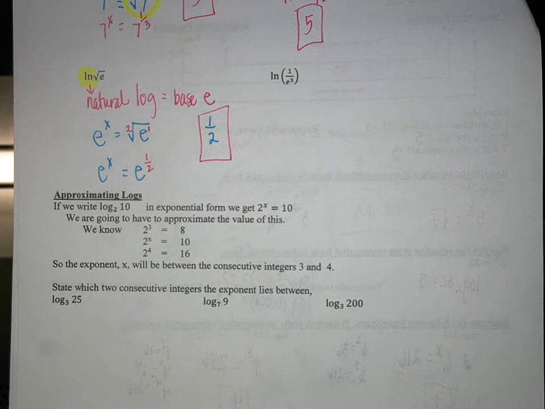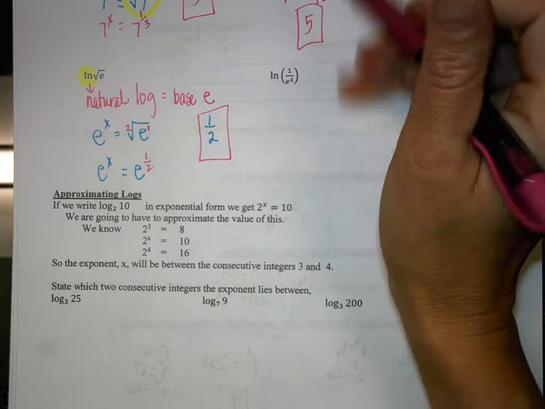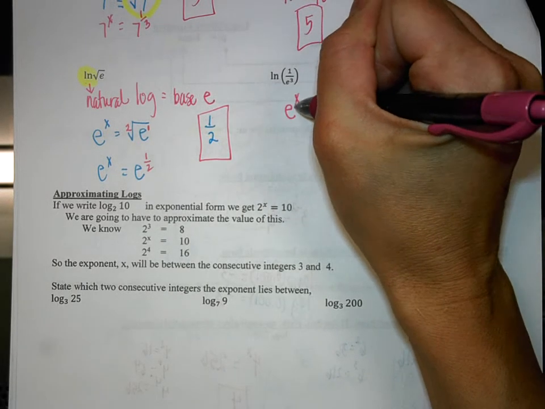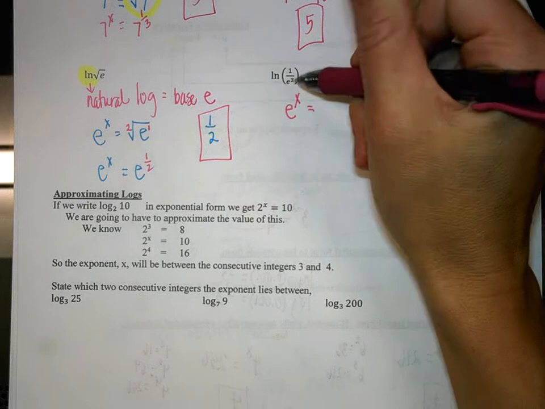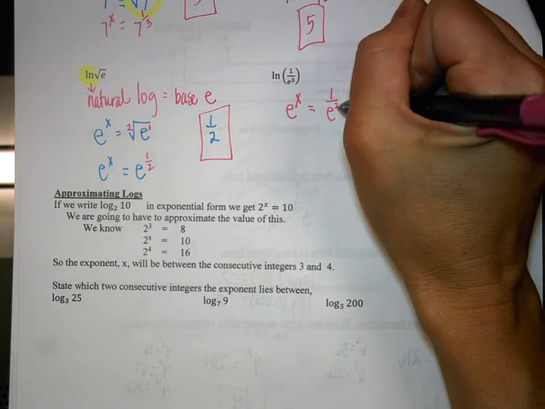All right, so let's first try to change it. Natural log is always what base? e. And so if I'm rewriting this one, it's going to be what? e to what power equals, and this part is always the answer, so that's 1 over e to the third power.